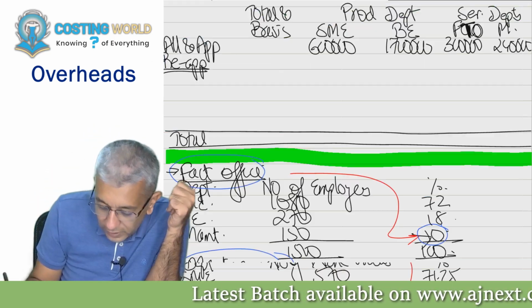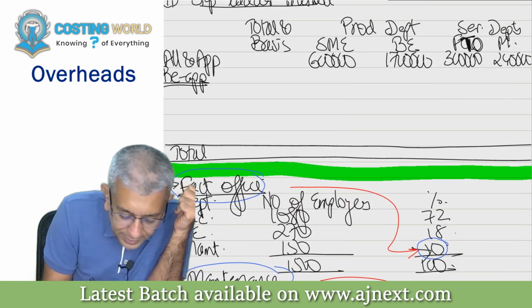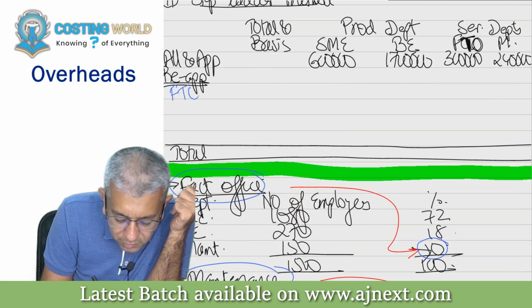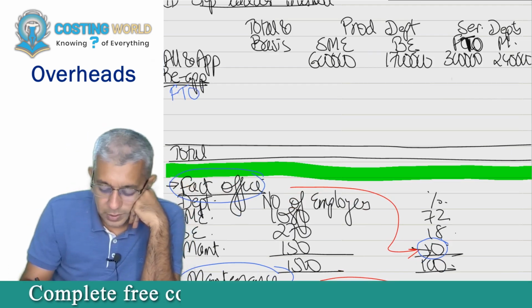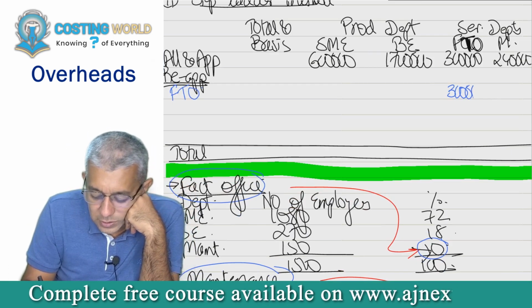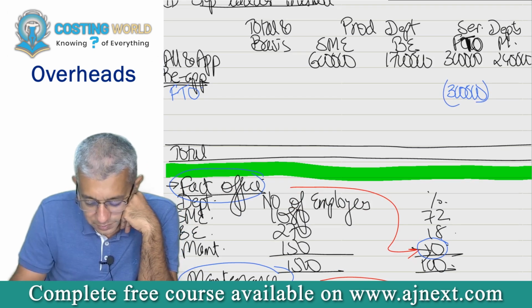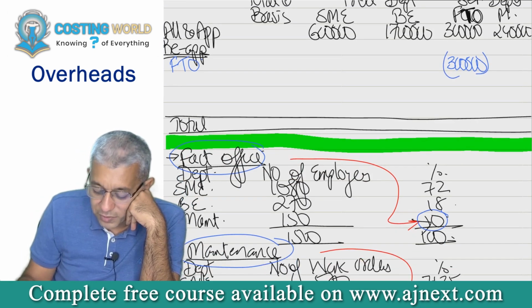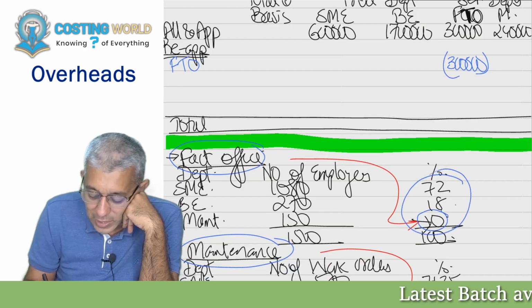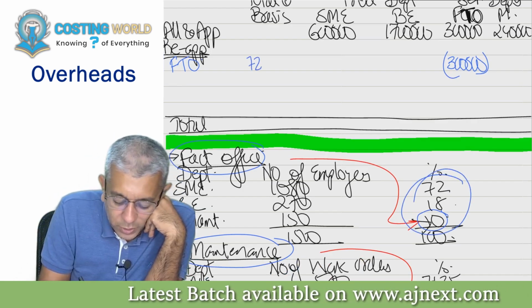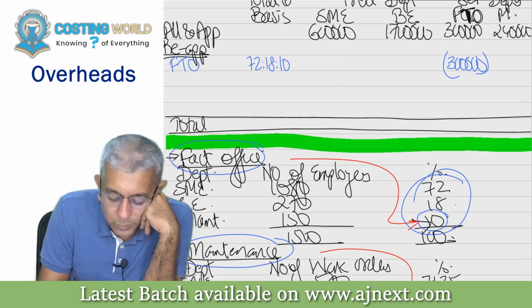Okay, so do one thing over here. Write down FTO, factory office. Remove 3 lakhs. Can we say factory office cost of 3 lakhs has to be divided among the other 3 departments in the ratio of 72:18:10? Yes, sir.